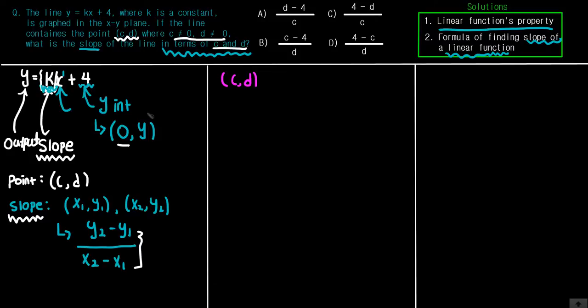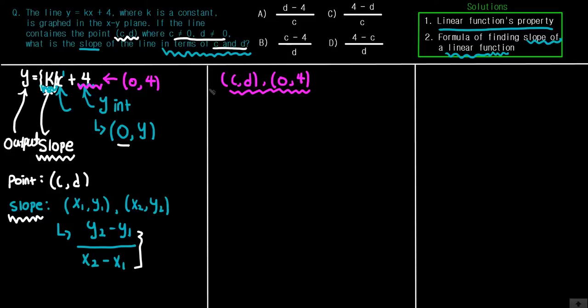And then we know one more point: 4 is the y-intercept, which means the x value is 0 and the y value is 4. So we can write it down again, (0, 4). And this is the main case where we can find the slope in terms of c and d.